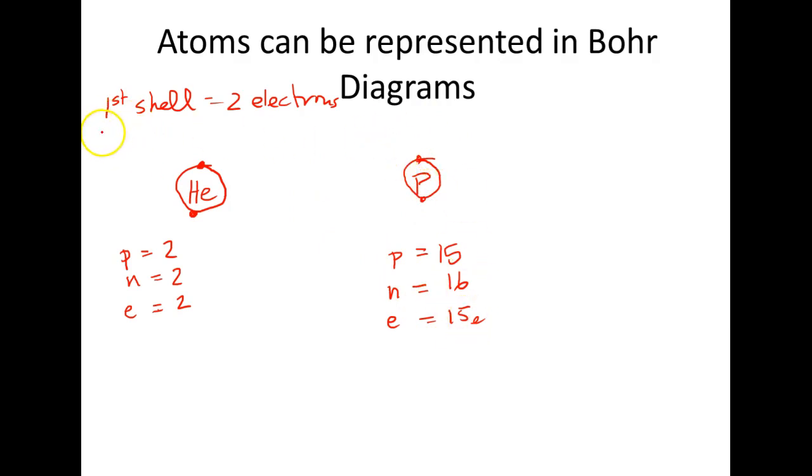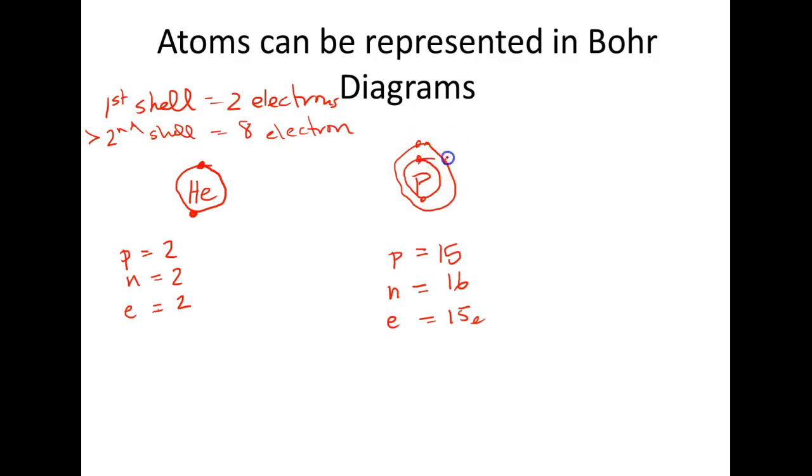Well, for the second shell, it's going to be a little bit different later on, but for right now, we'll just keep it at this. Every shell, other than the first shell, has 8 electrons. So we have 2 electrons. That means we need to then fill the next shell, and that, remember, can only hold 8.